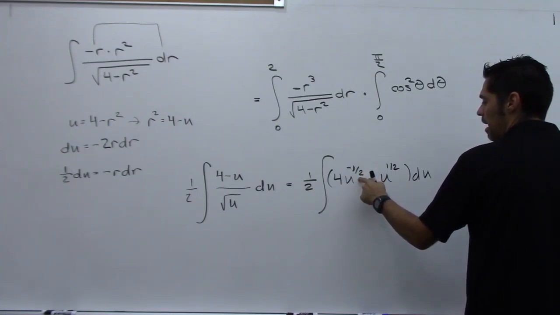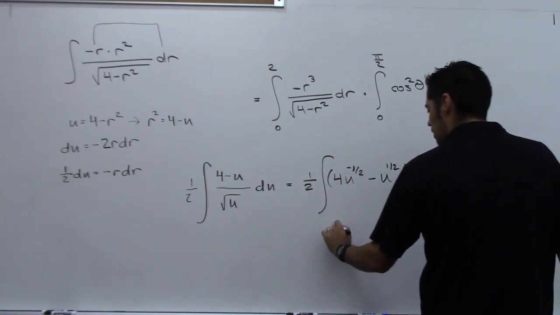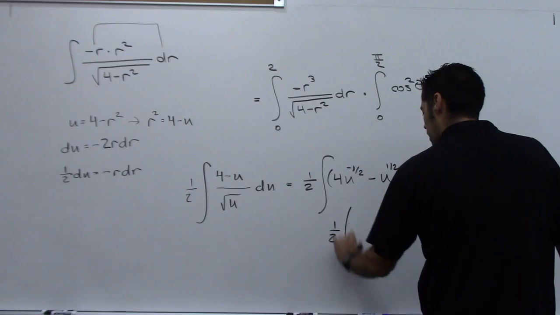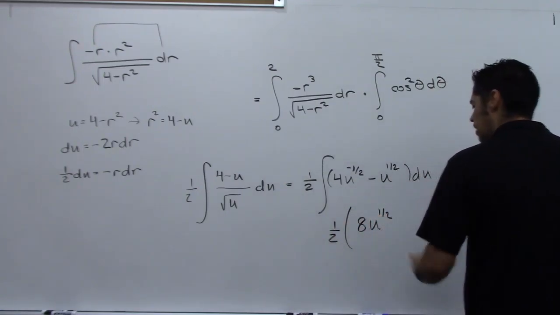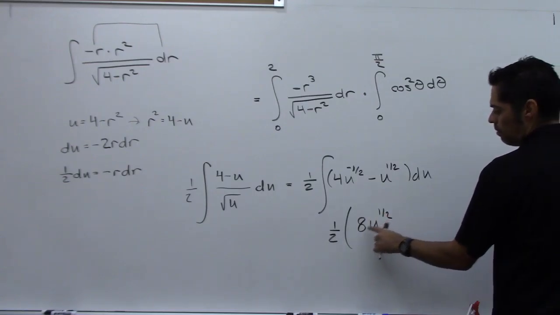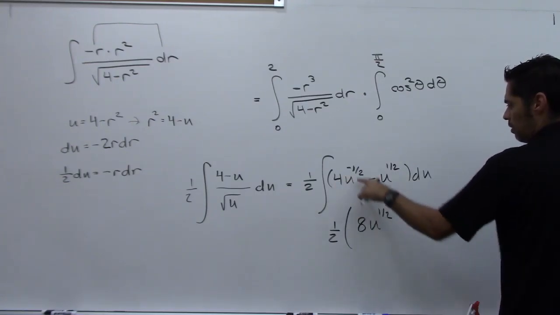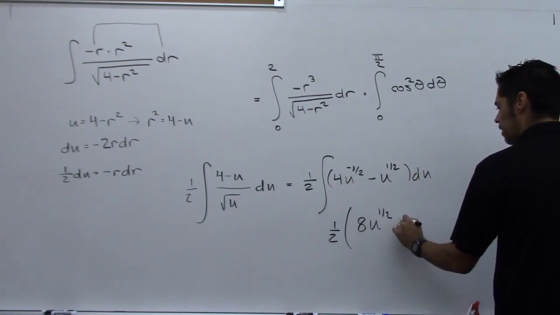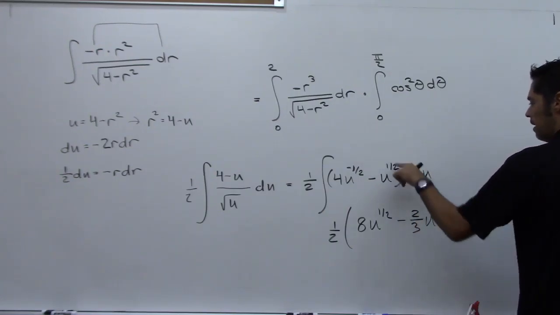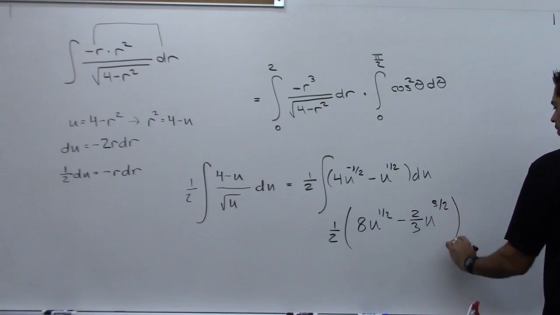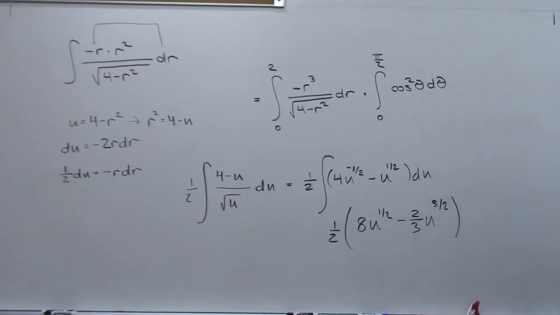Add 1 to that, you get a 1/2. Flip it, you get 2, so 8. So 1/2, this is 8 u to the 1/2. That's the antiderivative of this. Check it. 1/2 comes out, that's 4. Subtract 1, you get that. Antiderivative of this, so minus 2/3 u to the 3/2, just adding 1. And then we replace our u with what it was. So I'll do that when I go back up here.